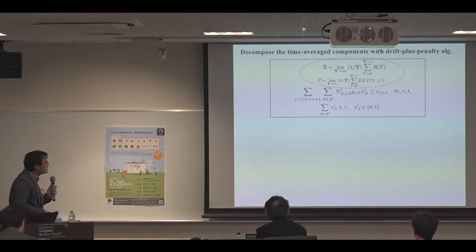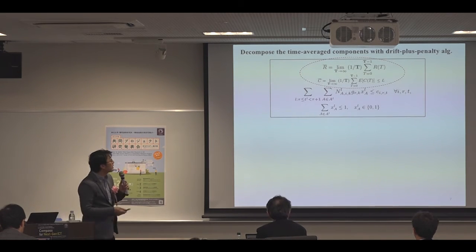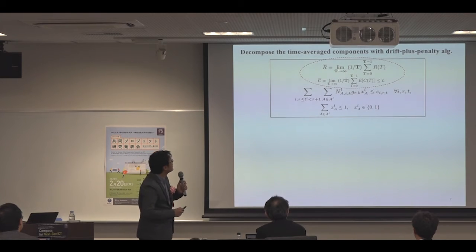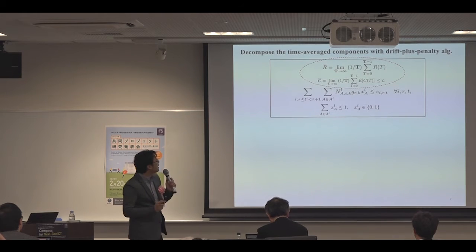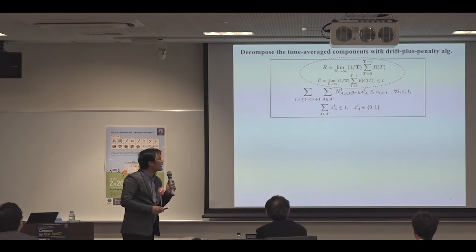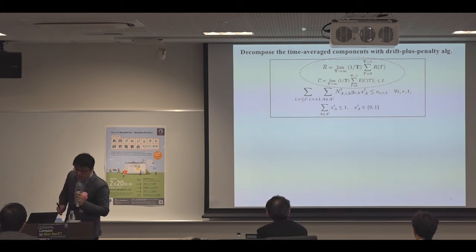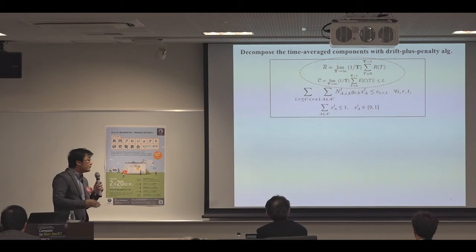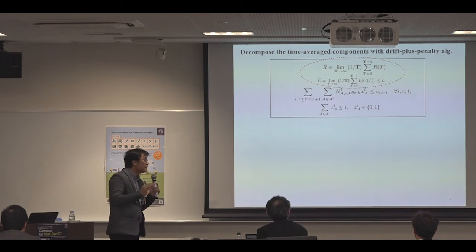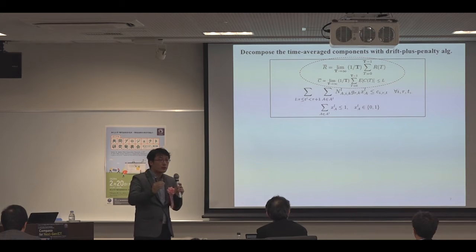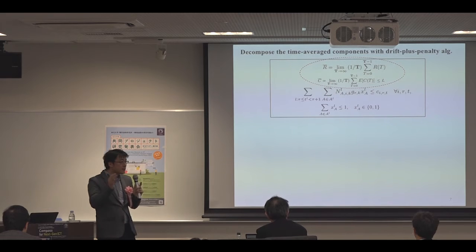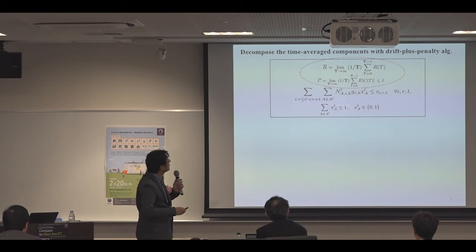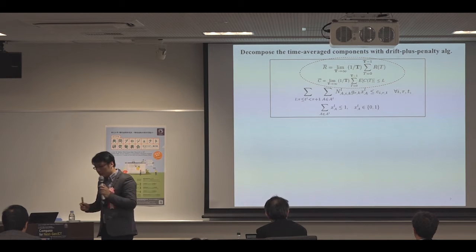Solving this problem is not that simple, because in our objective function and an important constraint, we have the time averaged formulations. If we don't have any future knowledge, like what kind of request will come, how much resource is necessary, we cannot solve this problem efficiently.